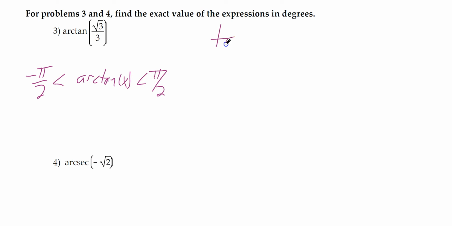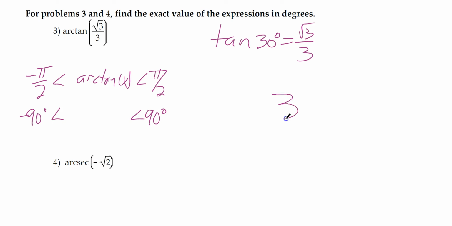Now I happen to know from the unit circle, and I hope you do too, tangent of 30 degrees is square root of 3 over 3. Let's write the bounds in degrees also, negative 90 and 90 degrees. And so our answer of 30 degrees fits within where arctangent lives. So the answer is just 30 degrees. Okay, know the unit circle.